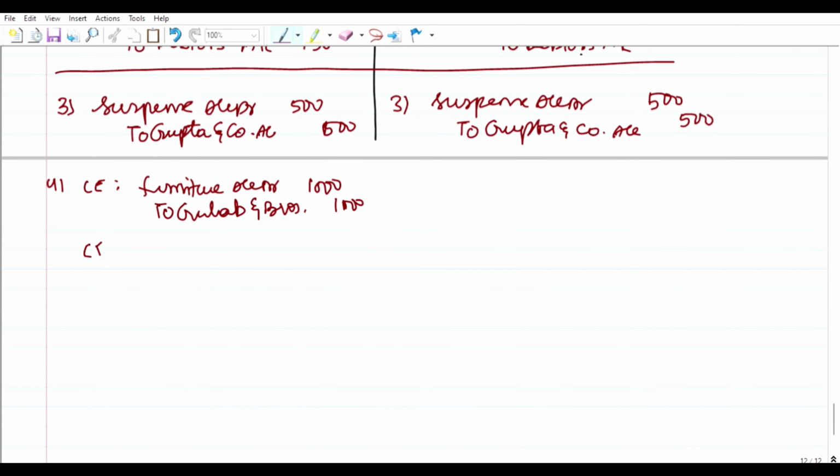They have written a wrong entry. The entry they incorporated was purchases account debit to Gulab and Brothers account by the same 1,000 rupees.